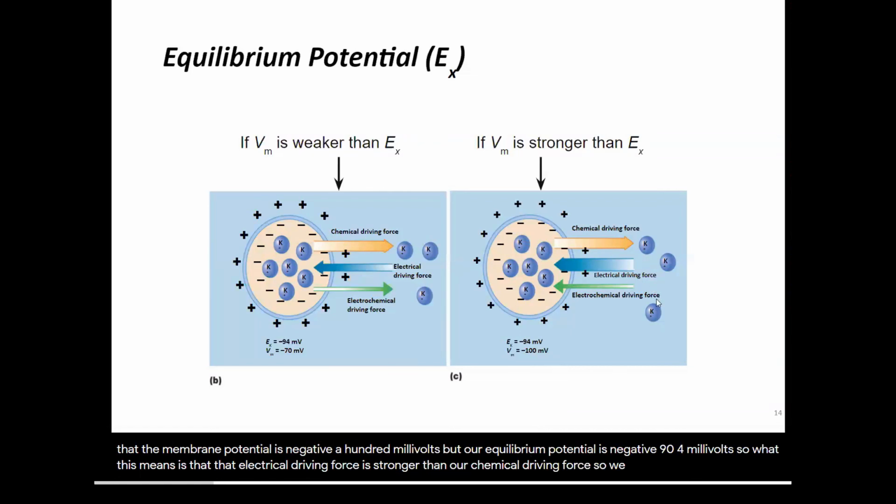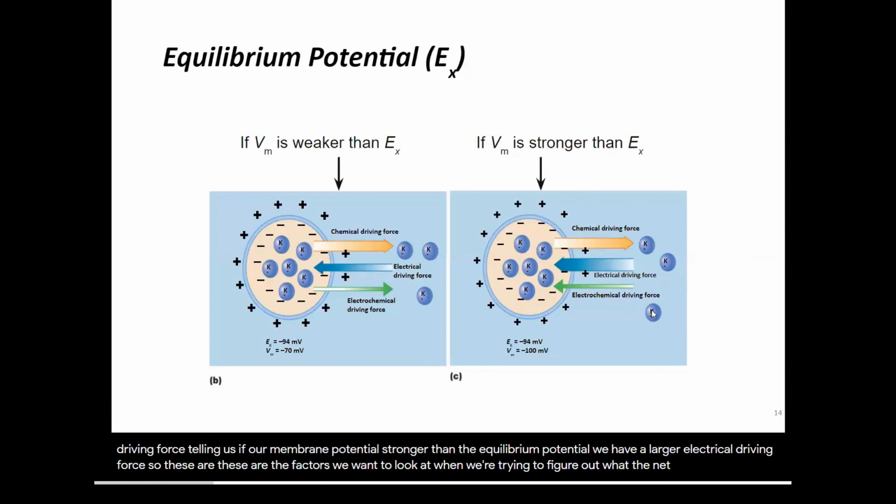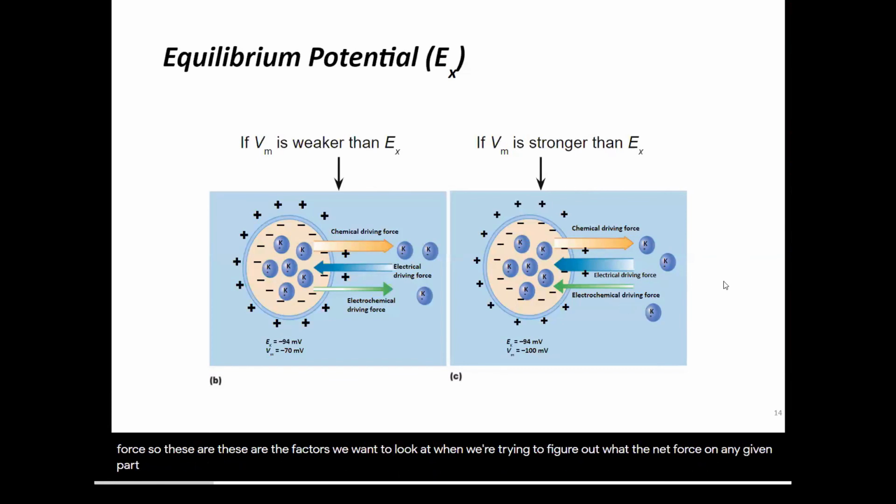So we have an electrochemical driving force moving into the cell in this case. Okay. So this is telling us if our membrane potential is stronger than the equilibrium potential, we have a larger electrical driving force. So these are the factors we want to look at when we're trying to figure out what the net force on any given particle is.